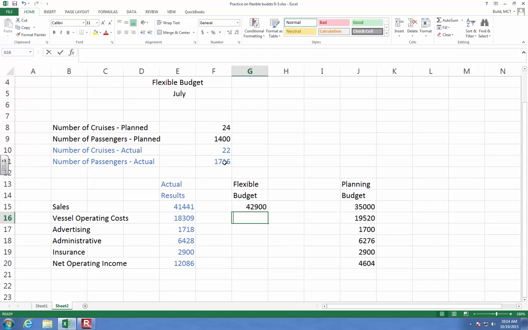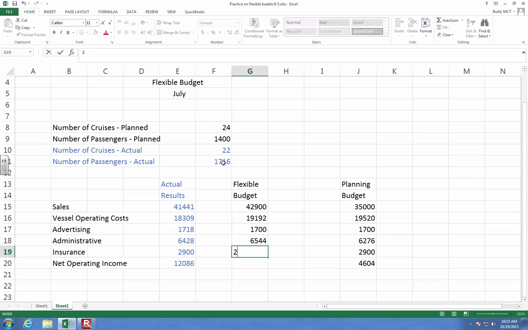And the vessel operating costs were 5,200 plus 480 per cruise, plus $2 a passenger. And the advertising was fixed. And the admin was $4,300 plus $24 per cruise, times $1 per passenger.